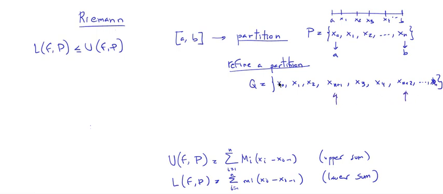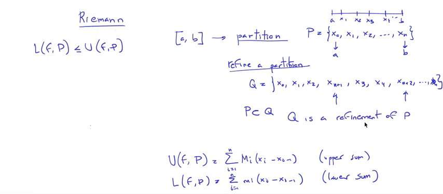So partition P is included in this Q. This is a more refined partition, and we say Q is a refinement of P.